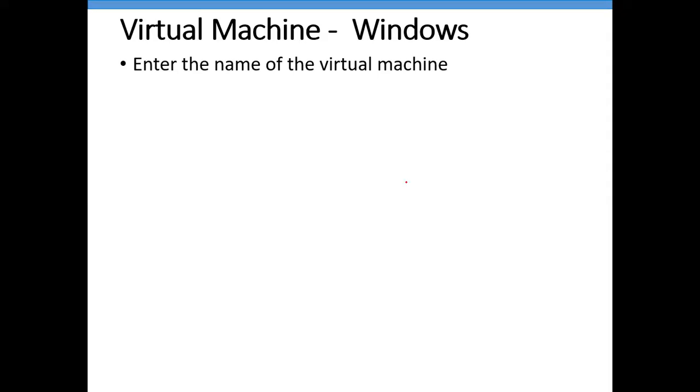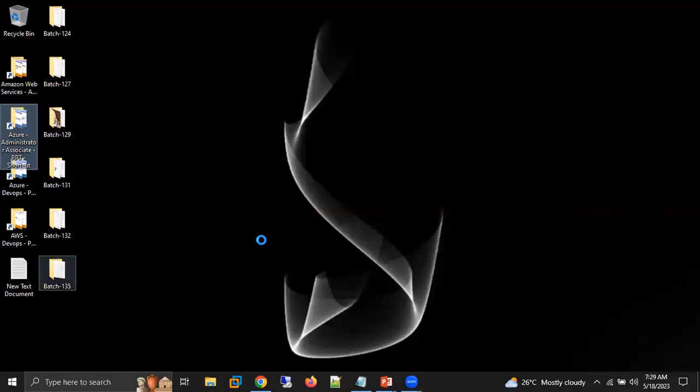What is the difference between the resource group and the VM? Sorry? What is the difference between the VM and the resource group? The resource group is like a folder for us, where I'm going to put my virtual machine. Like, I have this particular folder, batch 135.